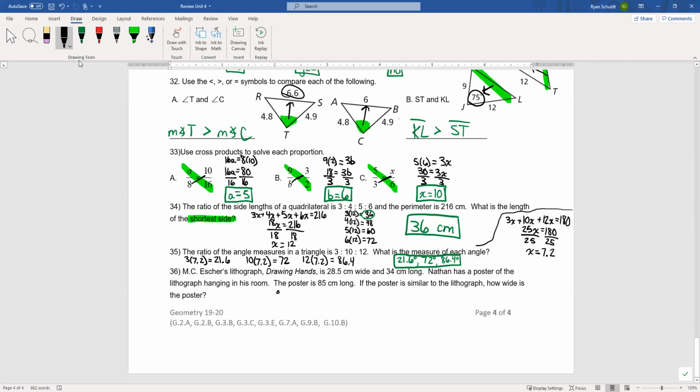Let's do the original equal to the poster. And let's do width over length. So for the original, we're going to have 28.5 over 34. It's going to equal, let's see, the poster gives us 85 centimeters long. So x over 85.